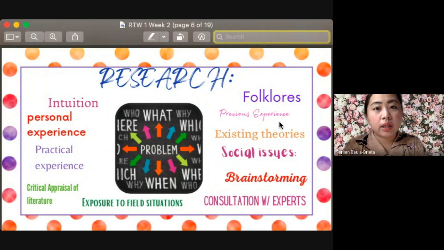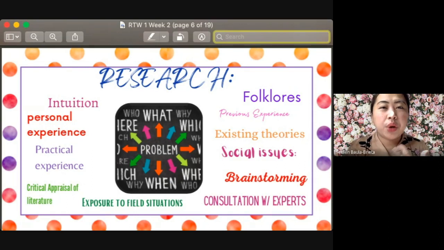Now, the second part of our lecture would be on research problem. So remember, research always starts with a problem. It is to answer a specific problem.